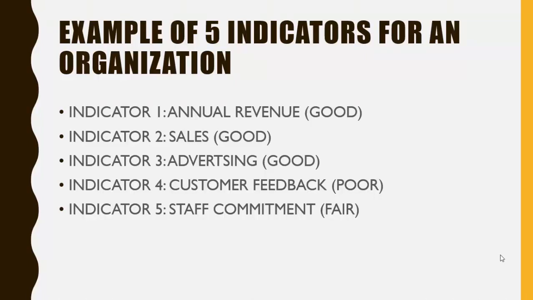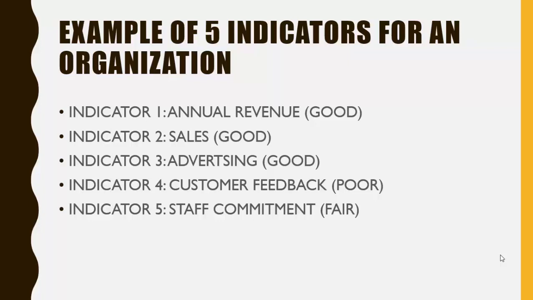Well, getting back to the example, you'll find that indicators wherever you go are usually interrelated. Annual revenue is related to sales. The more sales you have, the more money in your pocket. Also, look at indicator 3. Don't you see how it is related to indicator 2?